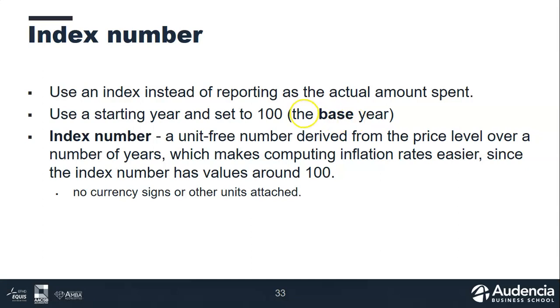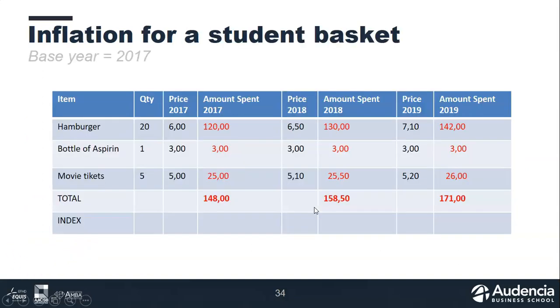So 2000, 2010, 2020 are typical base years. And what's nice about an index number is it's unit free. It means we're not talking about euros or dollars or anything like that. We're going to produce an index that has no currency sign attached to it. So how do we go about doing that?